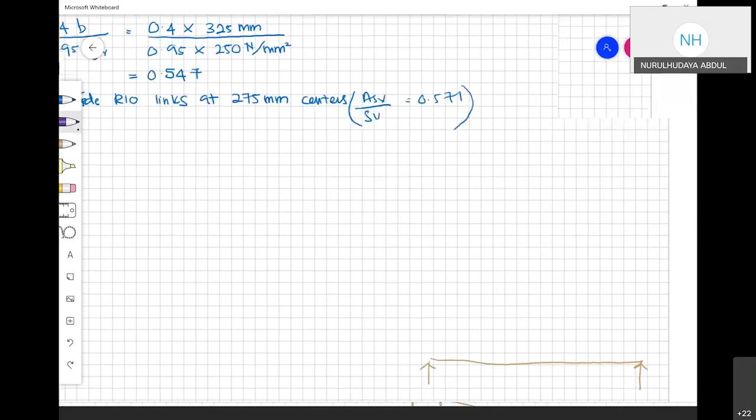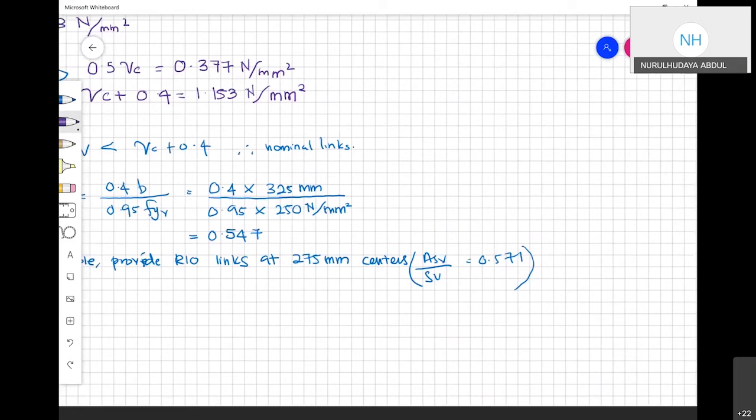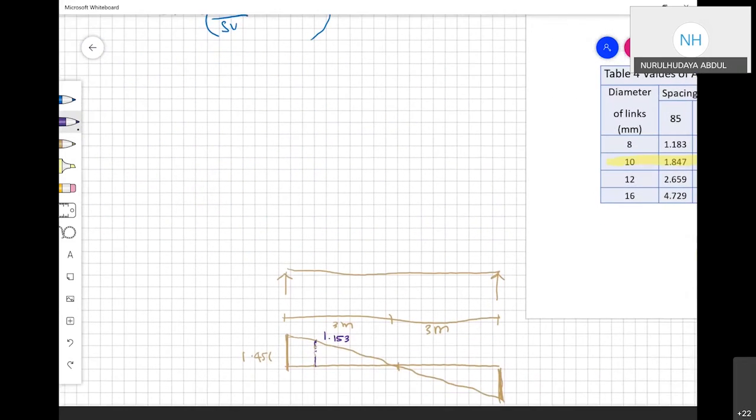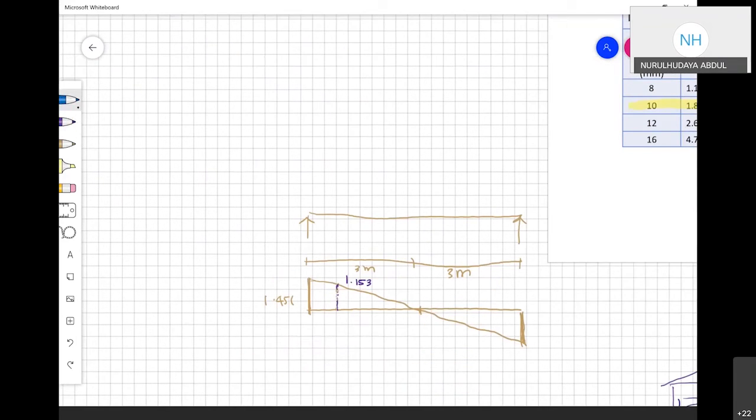Betul kah? Betul lah. 1.153. So ini adalah VC plus 0.4. Dia adalah cut off nominal link. Okay. So the value yang kita nak sekarang, kita nakkan value ni. Berapa ni? Okay.